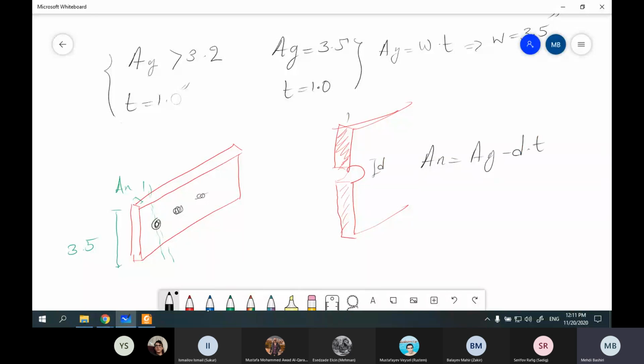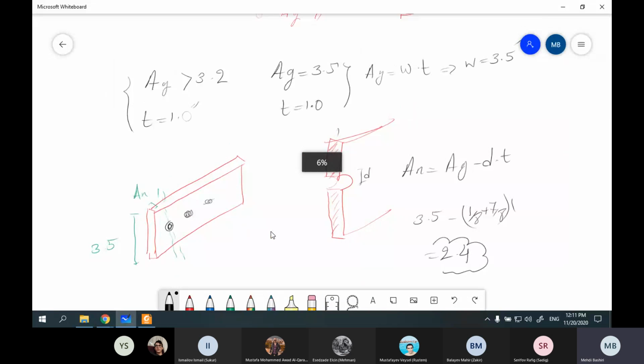So d times thickness. What was d effective? What was Ag? 3.5 minus d, which was 1 over 8 plus 7 over 8, and t was 1. So the value would be 2.5. This is An.